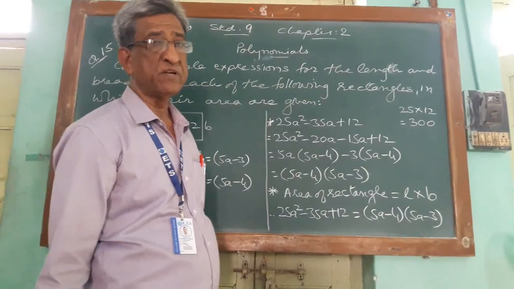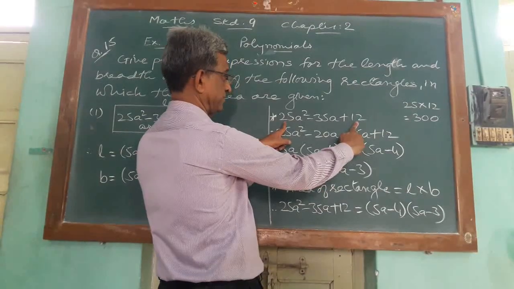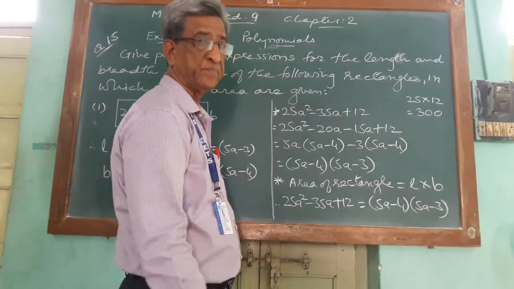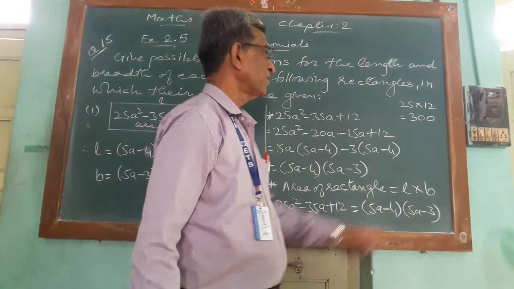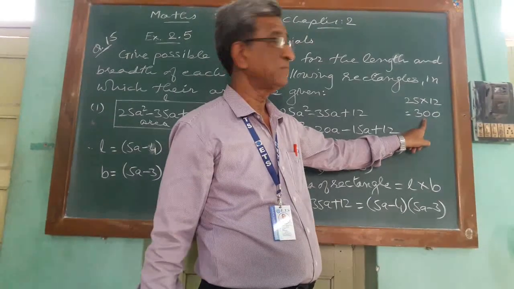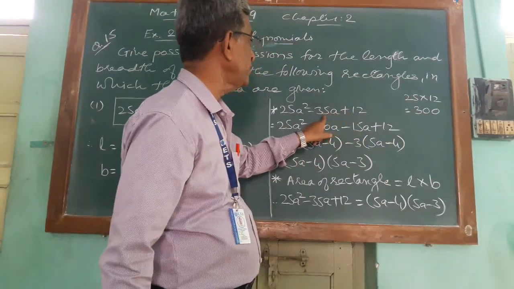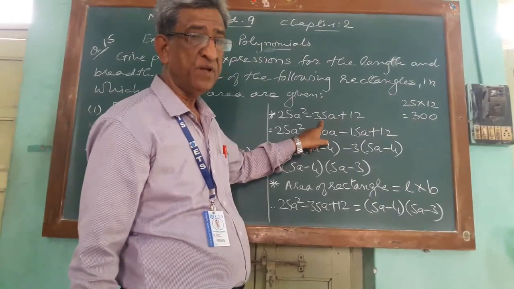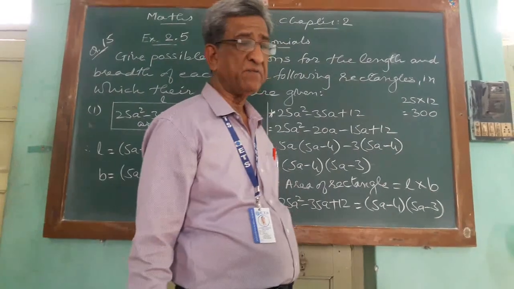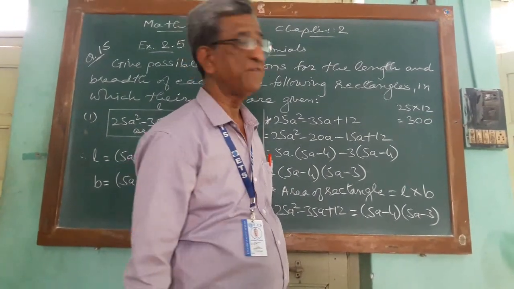Here you will use the method of trinomial. 25 into 12 gives you 300. Find the factors of 300 so that multiplication is 300 and addition is 35.